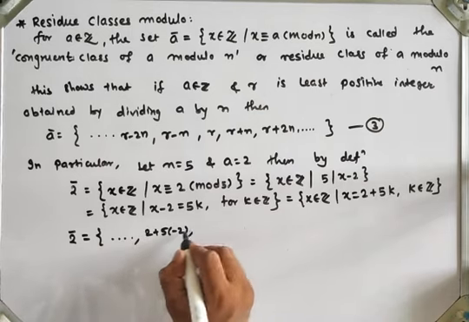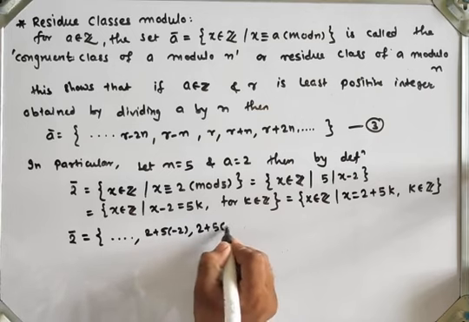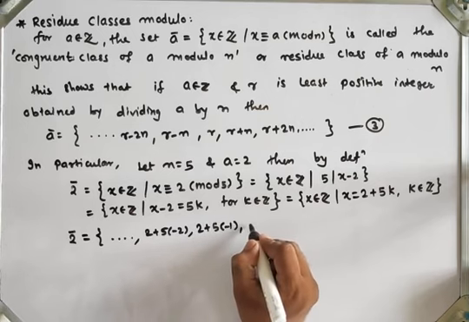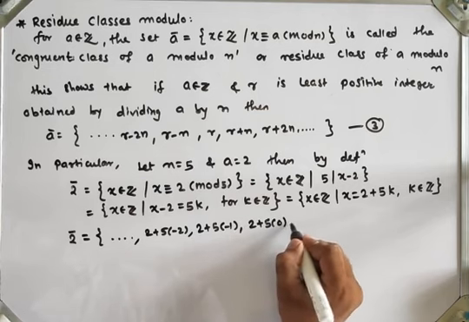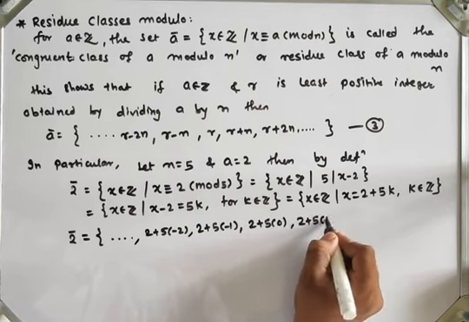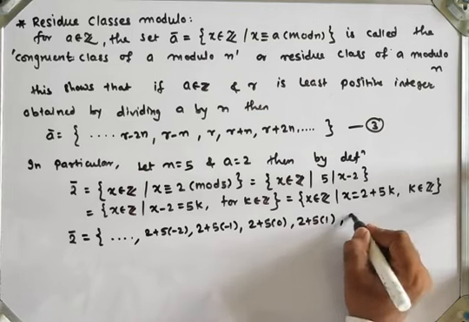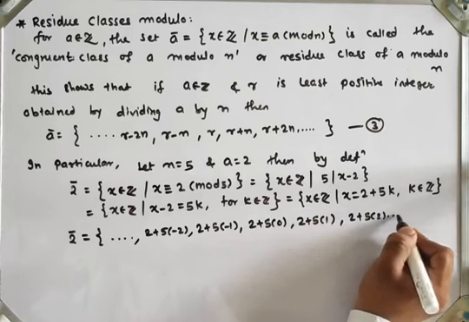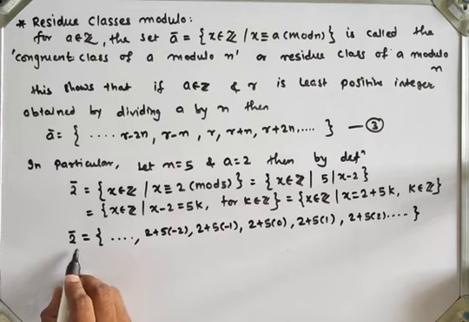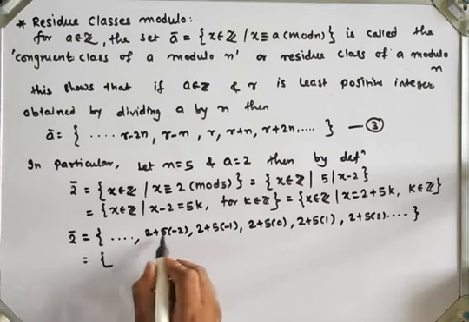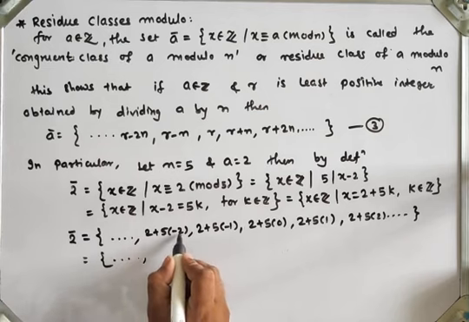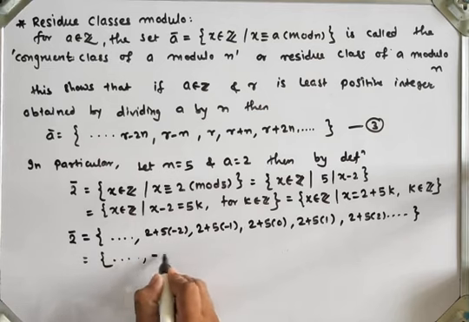If I put k equal to minus 1, 2 plus 5 into minus 1. Now 2 plus 5 into 0, 2 plus 5 into 1, next 2 plus 5 into 2, and so on. This is the residue class of 2 modulo 5. So after solving, we will get minus 2 means minus 10 plus 2 means minus 8.